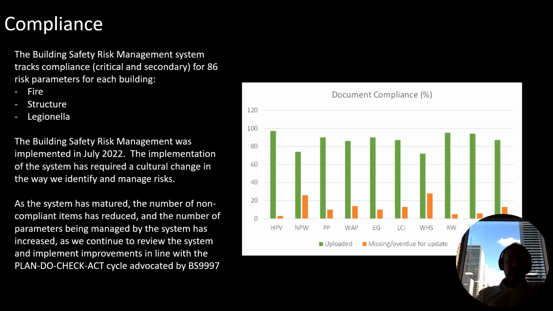Now, in line with the Plan, Do, Check, Act system, the process is not always perfect on day one, so it's necessary to go through that cycle a number of times and continuously go through that cycle, I would say at least once a year, to address any lessons learned or incidents that have occurred, or regulatory changes to pick up those as well.